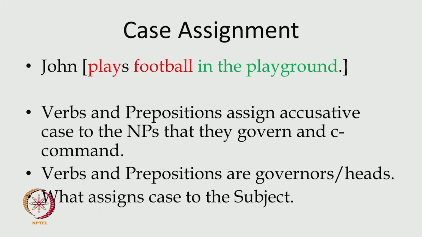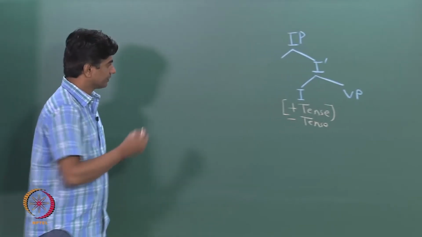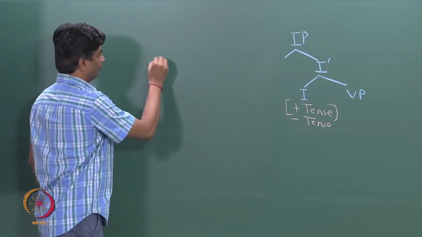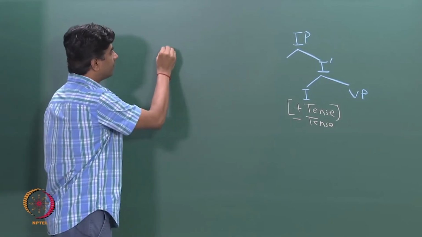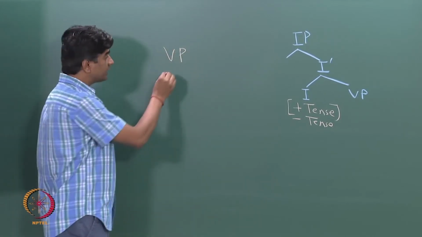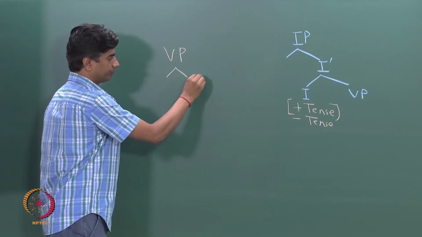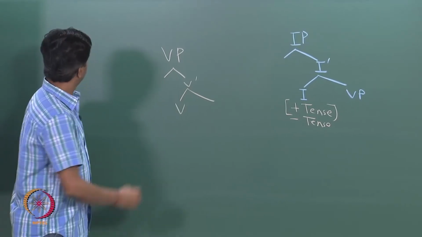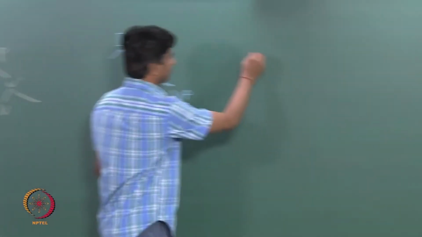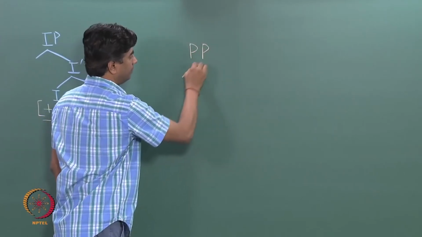Verbs and postpositions assign accusative cases. In other words, what we really want to say is, when we say verbs and postpositions, we really mean heads. So in a VP, what's the head of this VP? Verb. And what's the head of a PP?